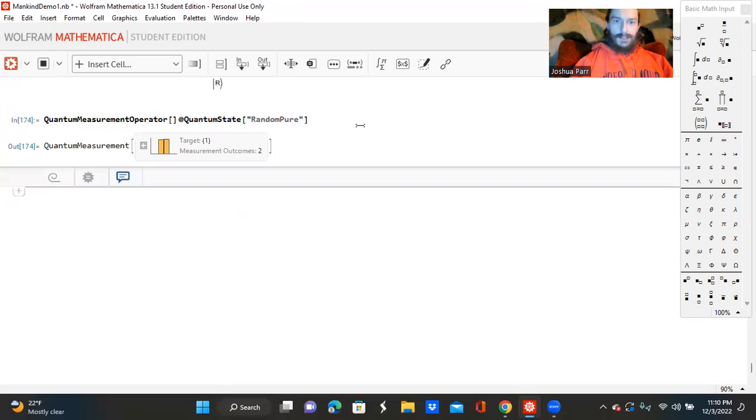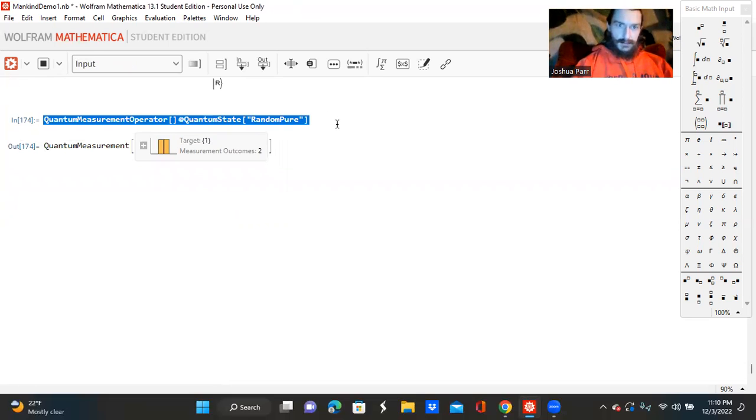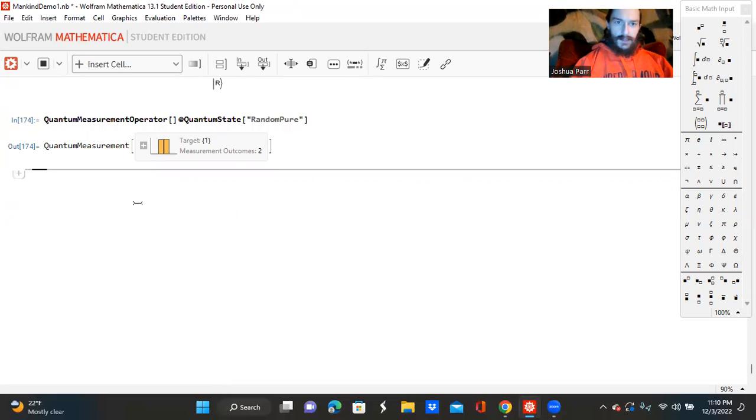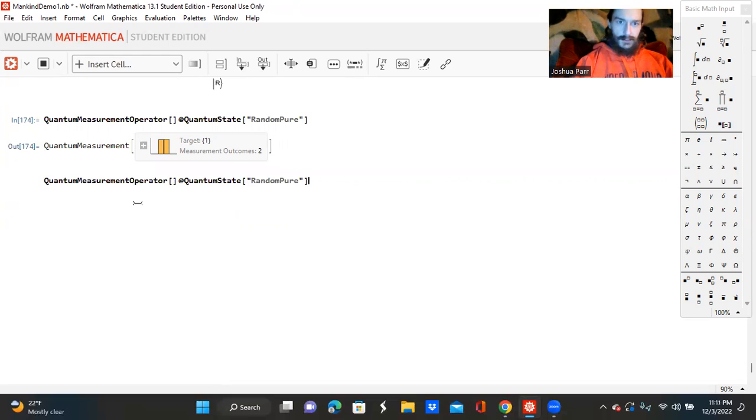So now I get a quantum measure. I'm measuring one of the states from the circuit randomly, uniform. So I would like here the probability.